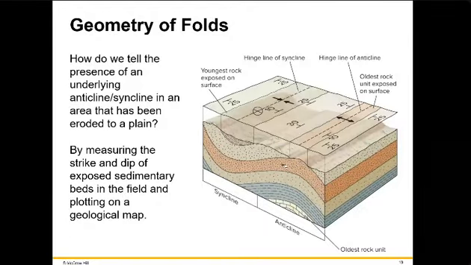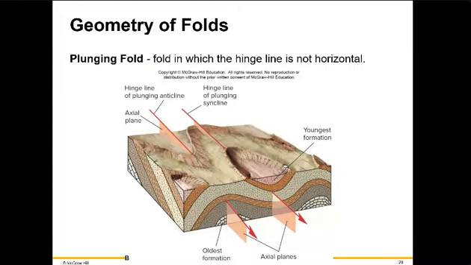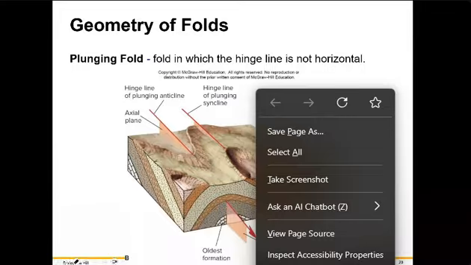The other thing I wanted to show you here, you can see what is written here: fold in which the hinge line is not horizontal. And I showed you that already. Where the hinge line is not horizontal, it is called a plunging fold.